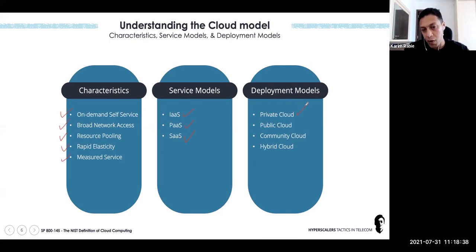I'll give you an example of private cloud in telcos, like the IT cloud. And then public cloud is publicly shared cloud resources that are not exclusive to a certain organization. It's open for public access.